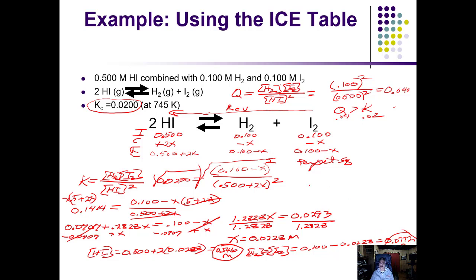I can check this out by going ahead and calculating K, and it should come out pretty close to 0.02, so that would be 0.0772 squared divided by 0.546 squared.